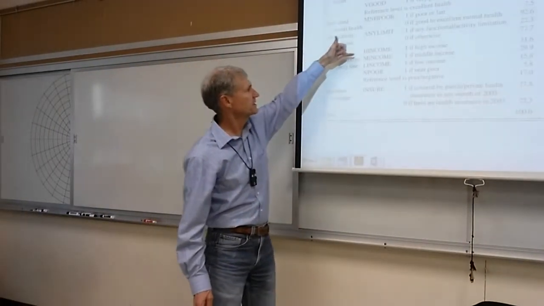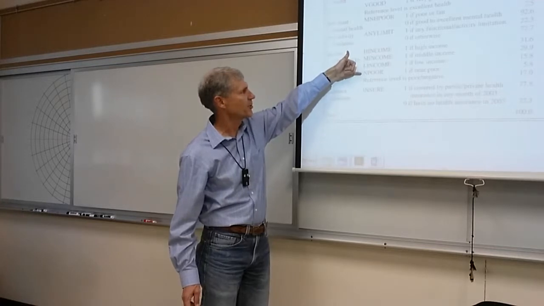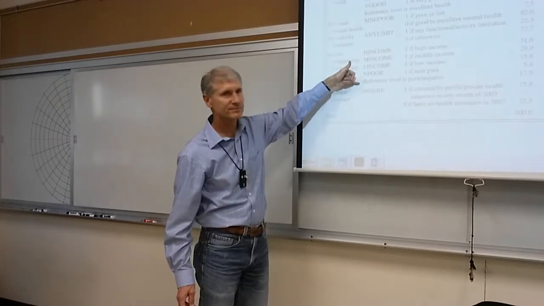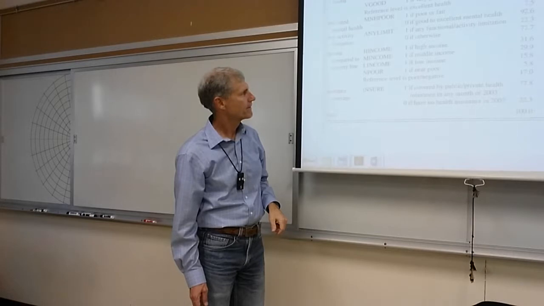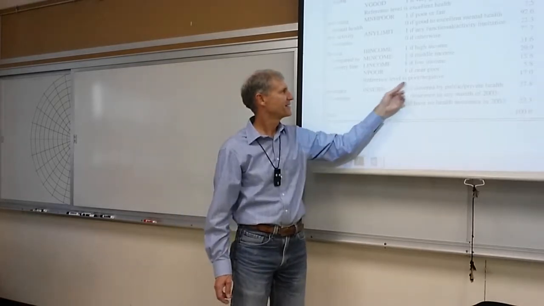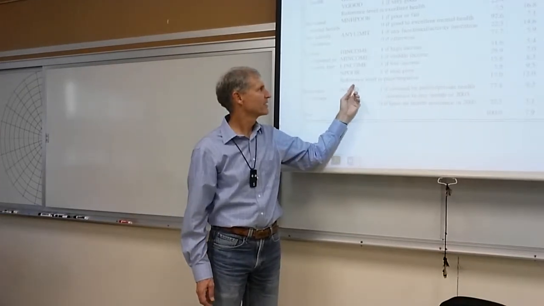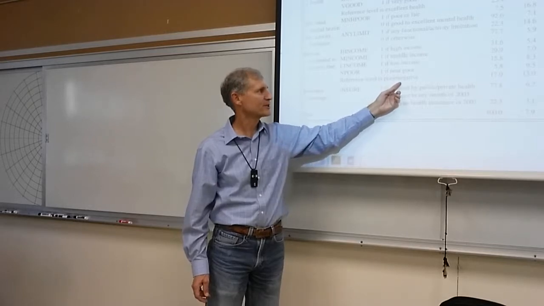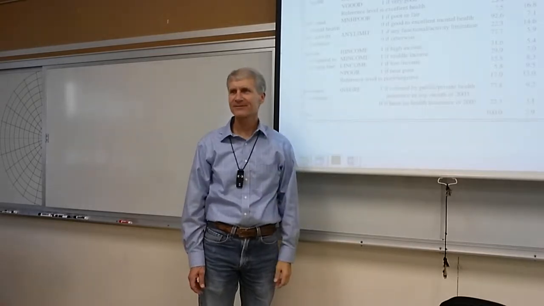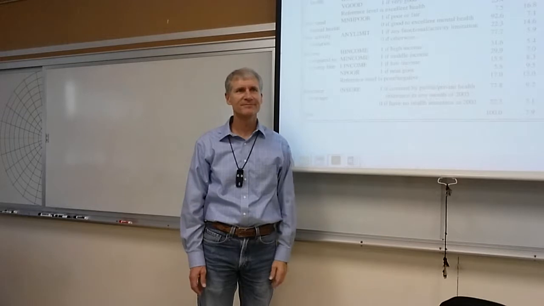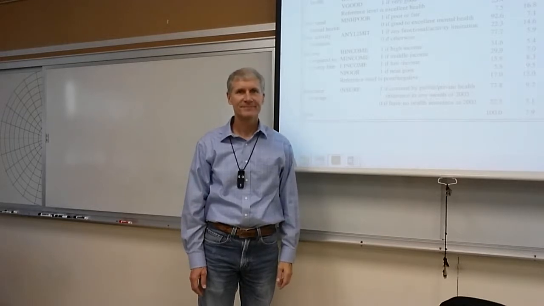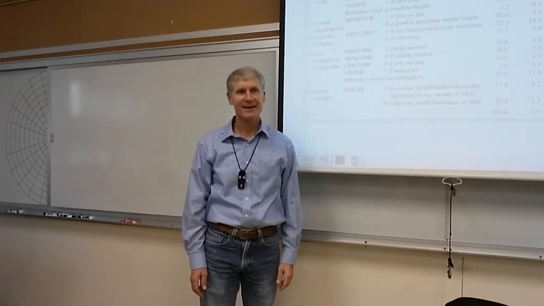And then income is high, medium, low, near poor, and poor. Sorry for pausing, but reference level is poor/negative. Negative. How do you have negative income? Well, yeah, I don't know.